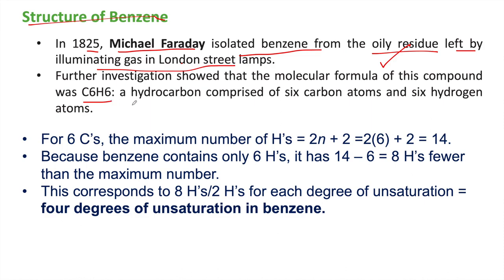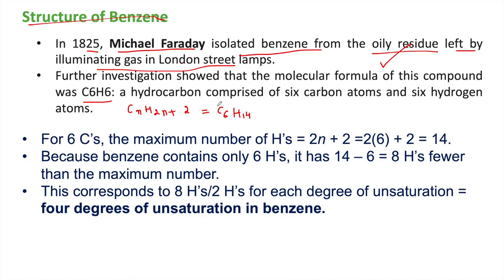If you know the formula of alkane, it is CnH2n+2. So if you put n as 6, the hydrogens will come to 14.